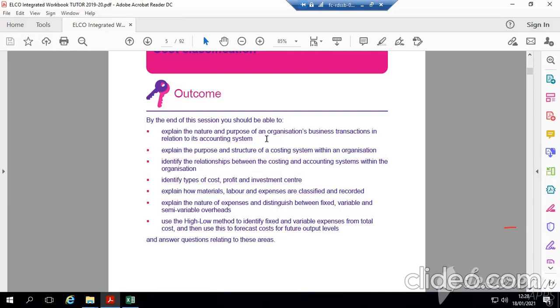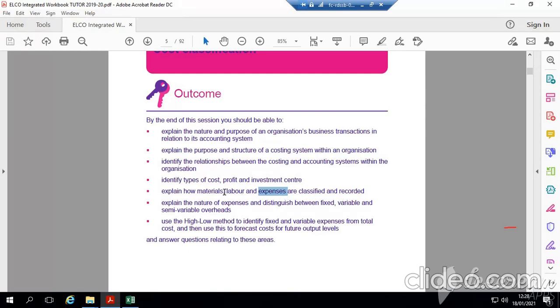Then identifying what type of cost, profit, or investment center, because the different costs in different activity is coming from the different center. Then we are going to explain how material, labor, and expenses, which we usually call overhead, are classified and recorded.